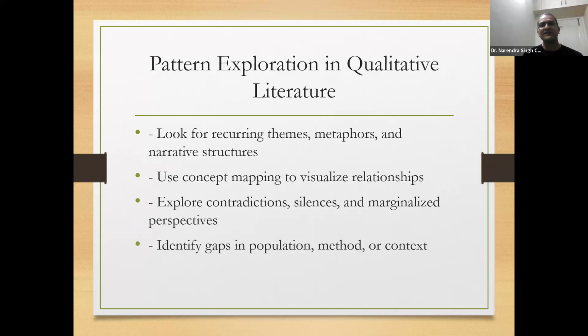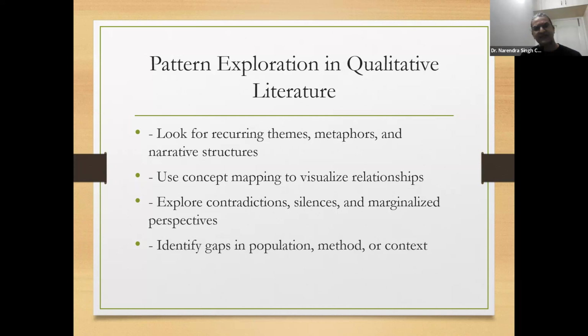Now, for pattern exploration, qualitative literature will talk about this. We look for the recurring themes, the metaphors, the narrative structures, right? Because an LR is basically telling a story: what kind of research has been done in the past, and how that key construct has evolved over a period of time. Now you have a lot of SLRs and bibliometric analyses.